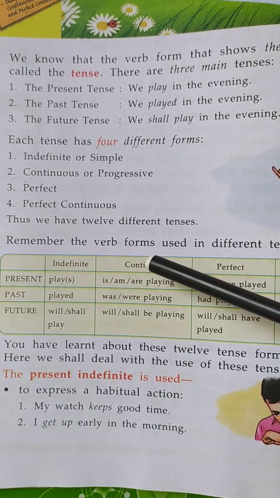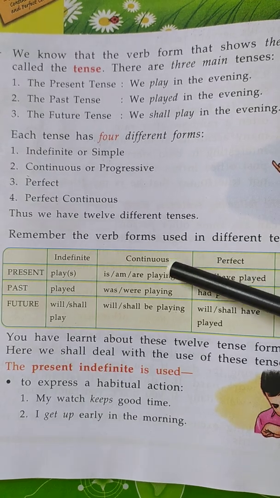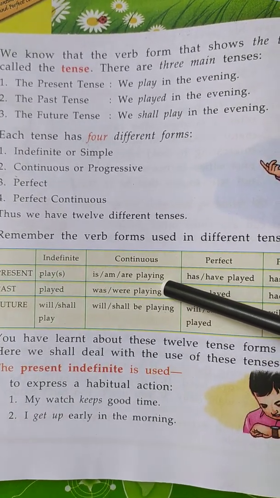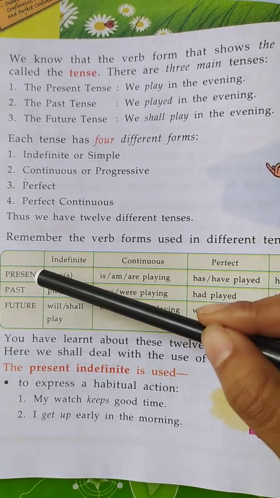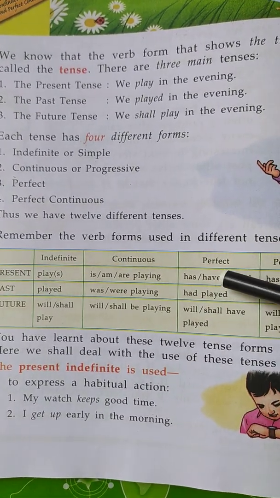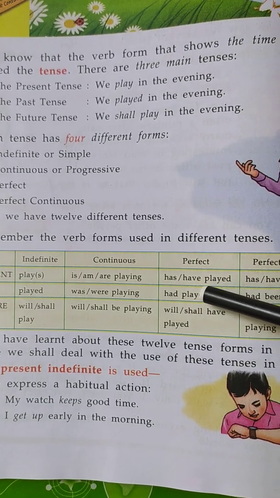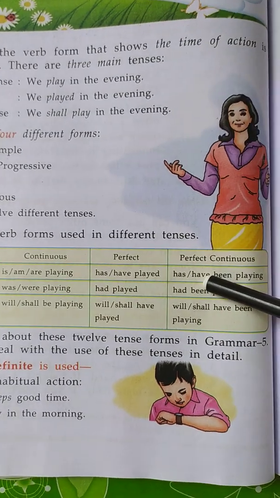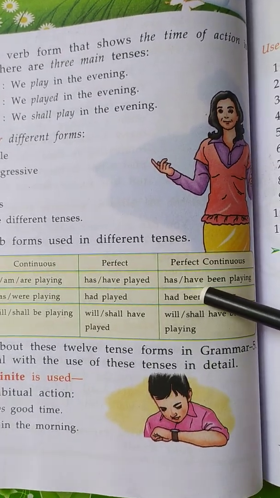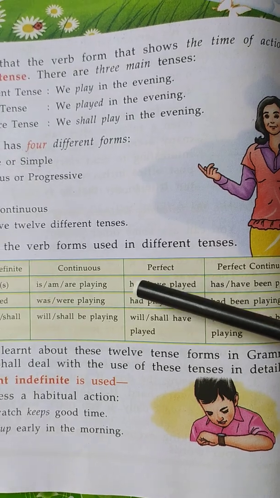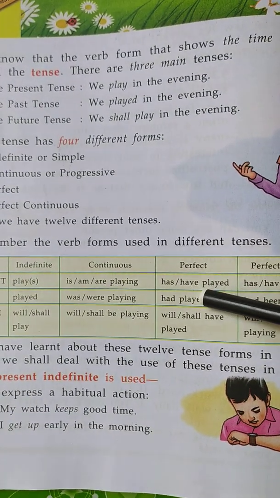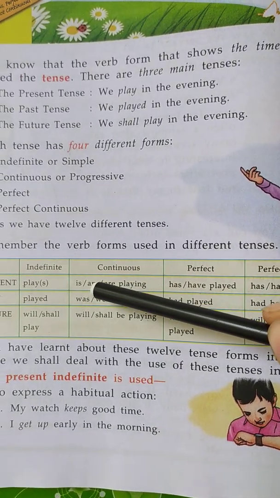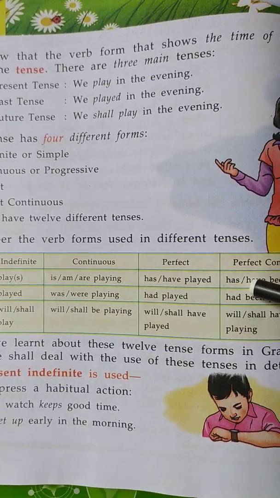In present continuous we use is or am or are playing. In present perfect we use has or have played. In present perfect continuous we use has or have been playing. These are the verb forms, and according to the subject we have to use the correct verb form with them.